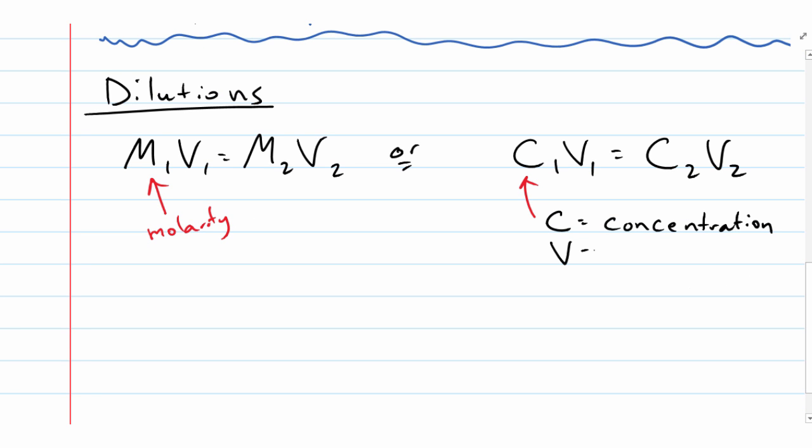V would stand for volume. A subscript of 1 stands for before dilution, which means a subscript of 2 would stand for after dilution.